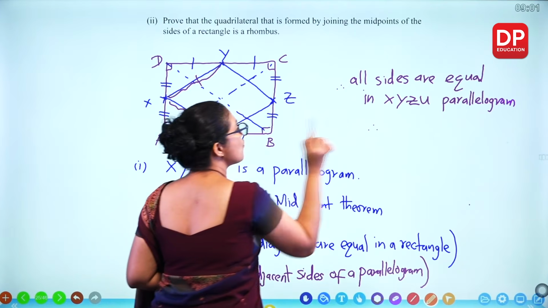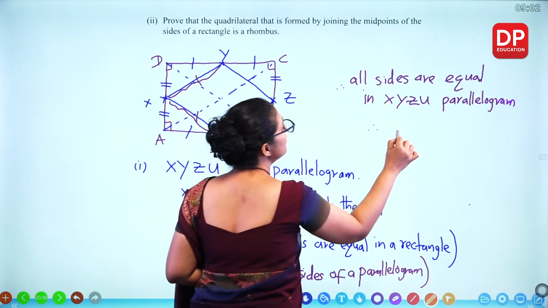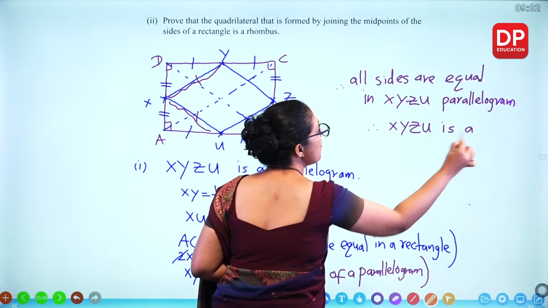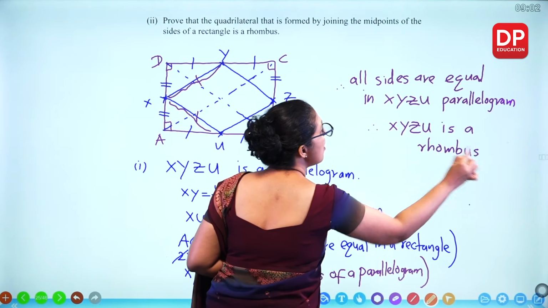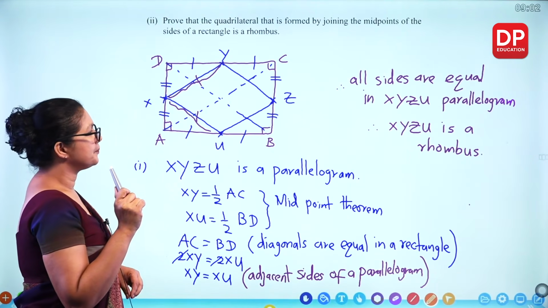So therefore you can write down XYZU is a rhombus. Parallelogram with equal sides we call that's a rhombus.